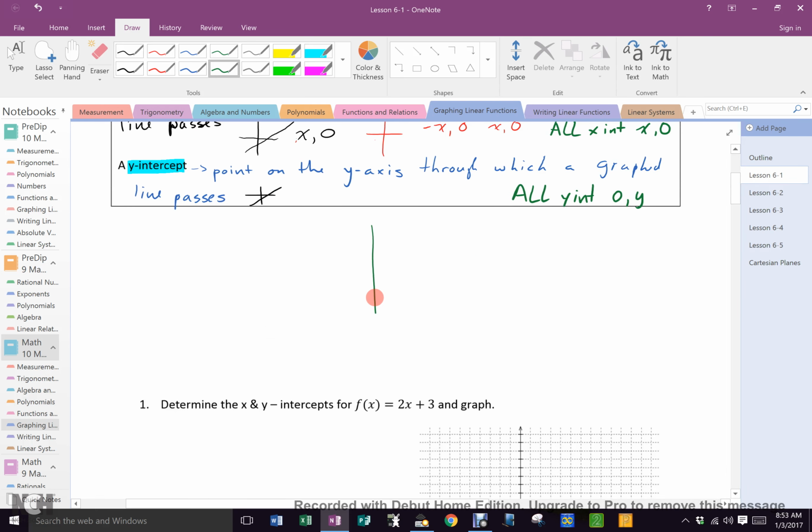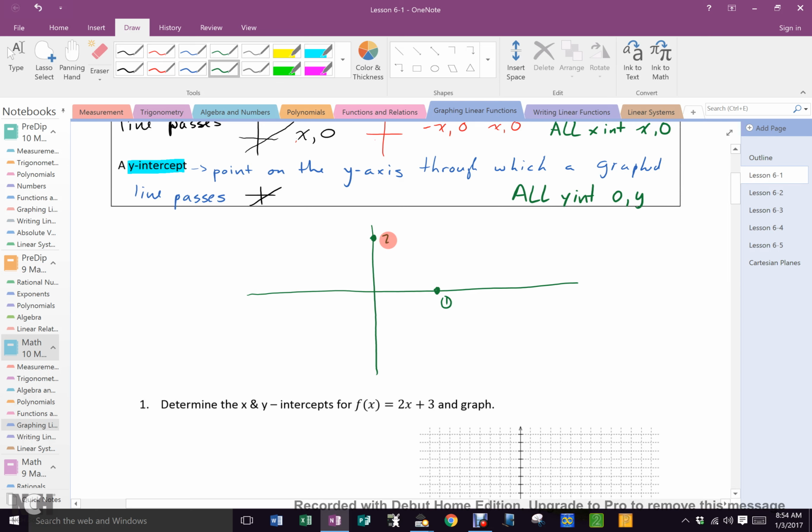Okay, so I'm going to go ahead and I'm going to draw this. Everybody cool? I'm going to put 4 dots on it. All right? There's dot 1.